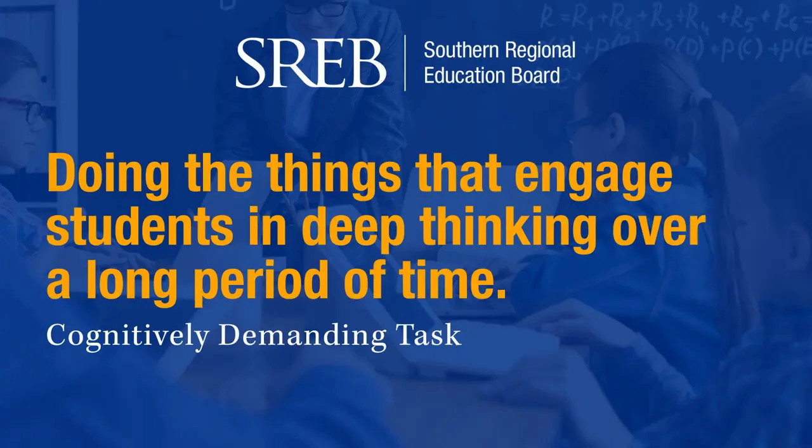And this is the hardest part because it's the thing that you can't really see. We can sometimes see evidence of it in students' eyes or their posture, but it's really doing the things that engage students in deep thinking over a long period of time. And in the educational spectrum, we try to define this in many different ways.